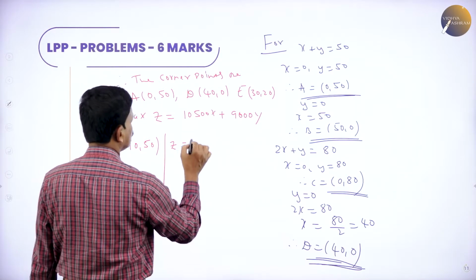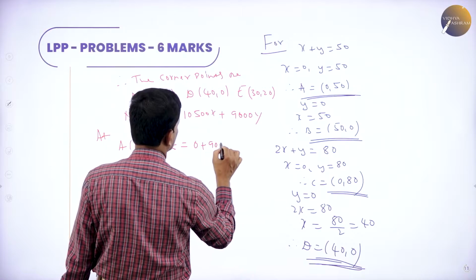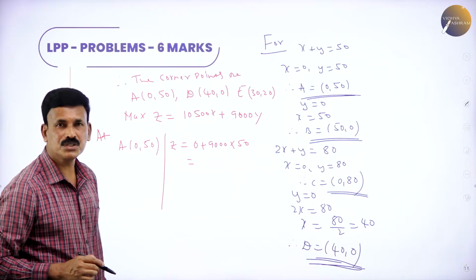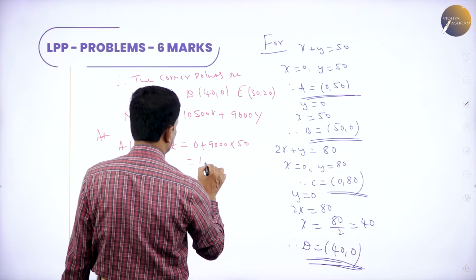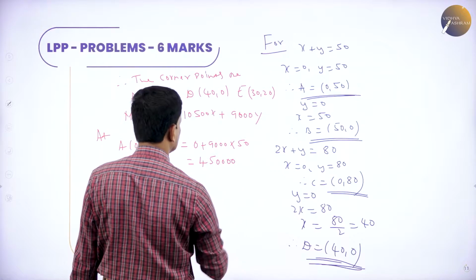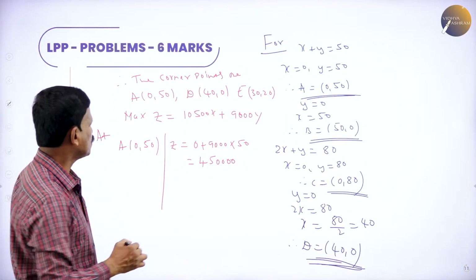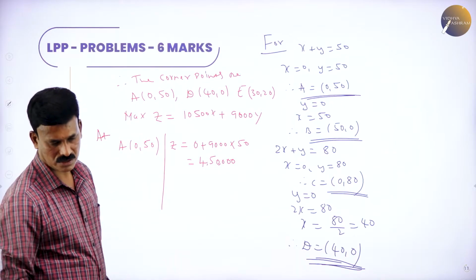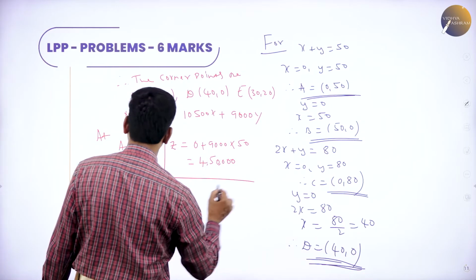Z is equal to 0 plus 9,000 into 50, which is equal to 4,50,000.